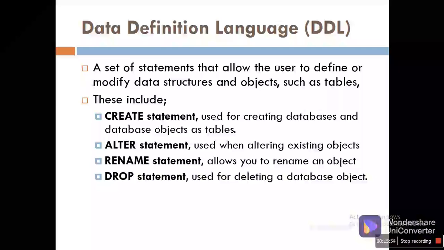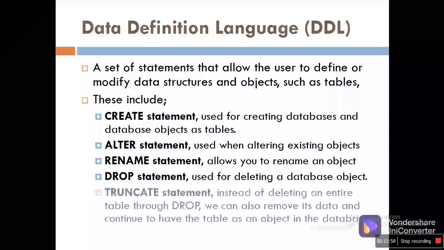I want to delete the database, I want to delete the table, I want to delete a function, so we use the drop statement. And then the truncate. We shall understand it more when we start looking at tables and inserting data into the table, and now we want to remove the data. It is like deleting the existing records of a given object, and it has a slight difference from the delete, and we shall look at it.